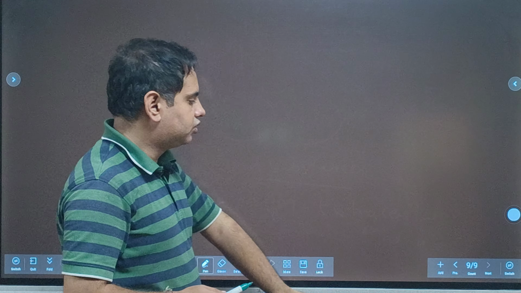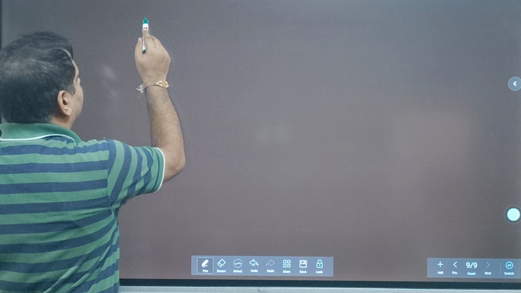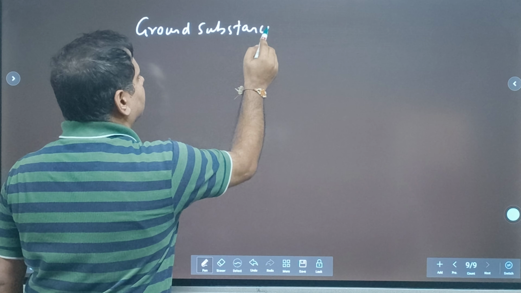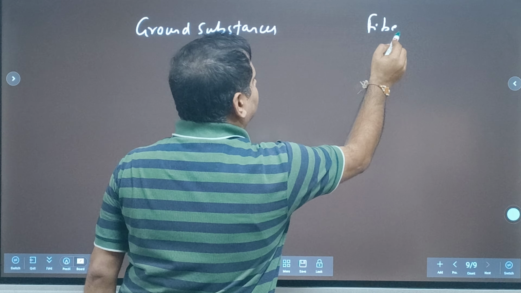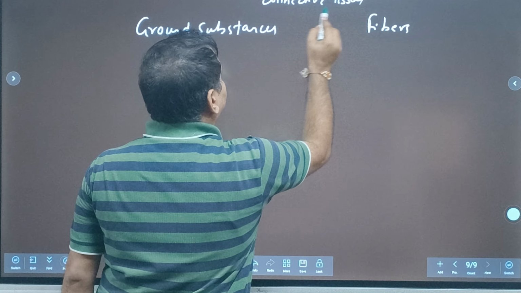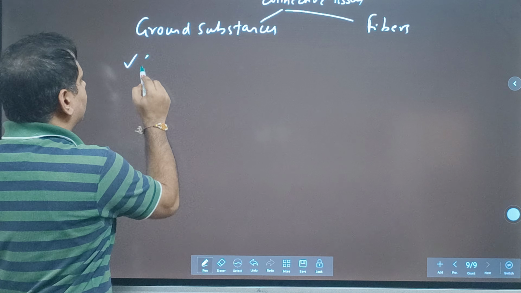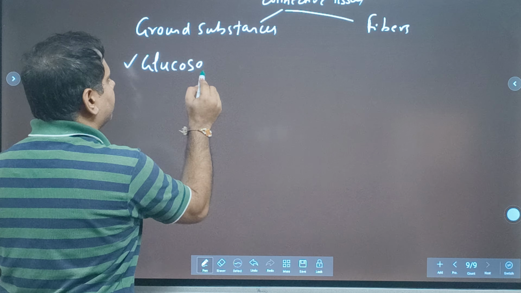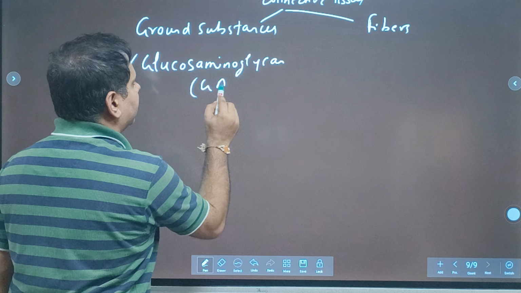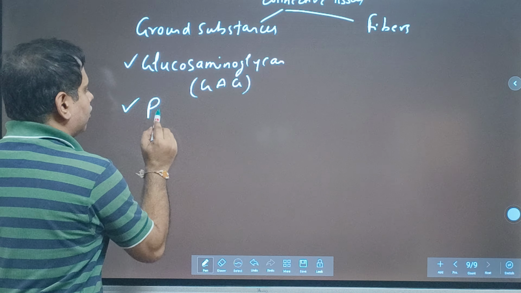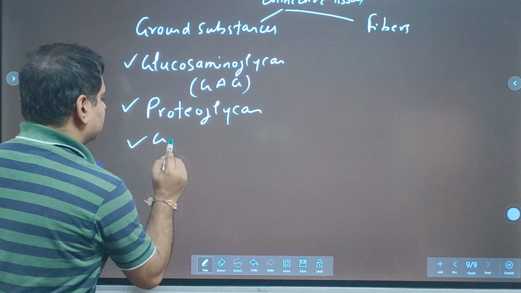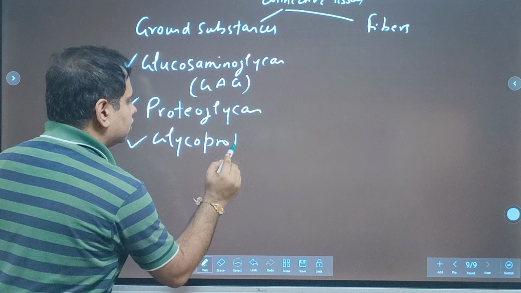Again, if you see the composition of connective tissues, there are ground substances and there are fibers. The ground substances: glucosaminoglycan, which we call GAG, then proteoglycan, then glycoproteins.